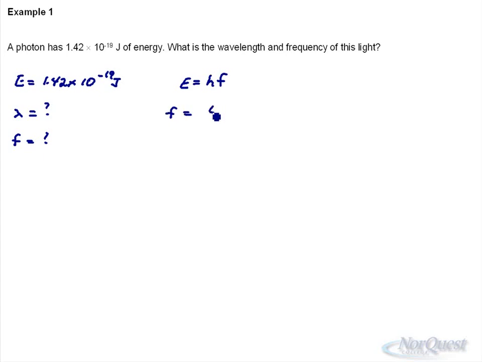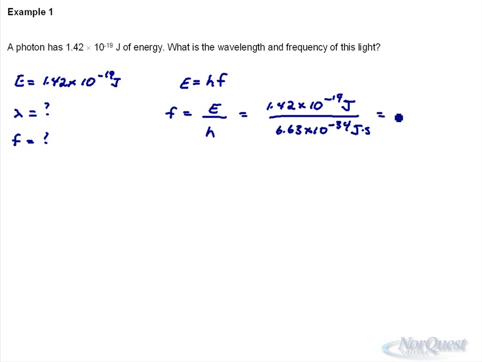It's equal to energy divided by Planck's constant. Since the energy is in joules, 1.42 times 10 to the negative 19 joules divided by Planck's constant in joules. This is off your data sheet, by the way: 6.63 times 10 to the negative 34 joule seconds.